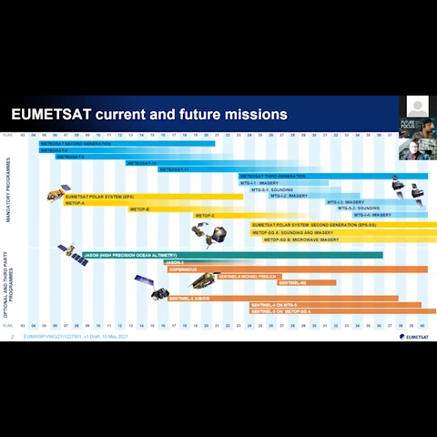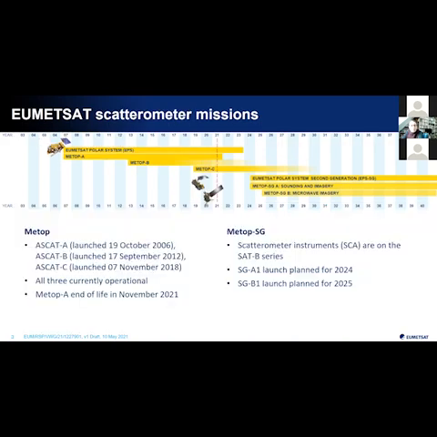The scatterometer is basically part of the mandatory programs that EUMETSAT has, which are METEOSAT and METEOSAT third generation, also the EUMETSAT Polar System and the follow-on mission. And I'm not going to dwell much on this overview here, but go into the details.